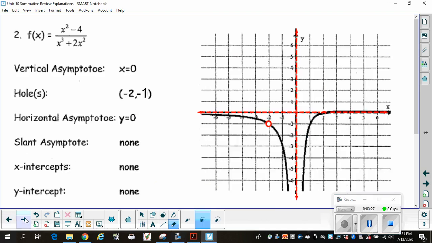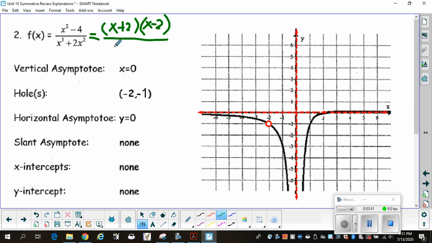Our next line is x squared minus 4 over x cubed plus 2x. First thing to do, simplify. So you're going to get x plus 2 times x minus 2 because the numerator is a difference of squares.